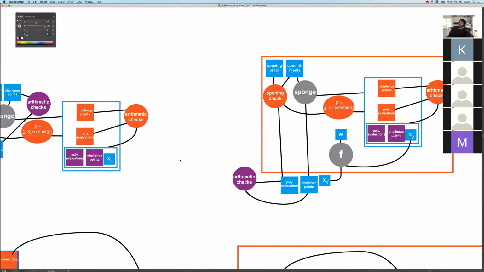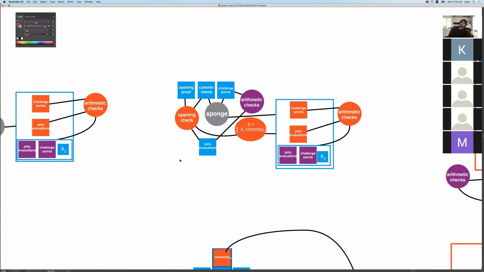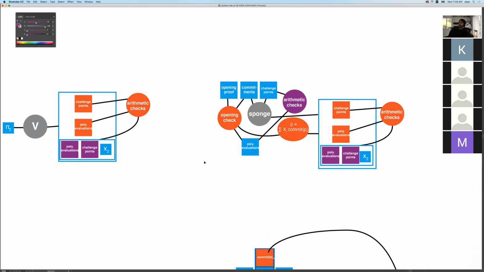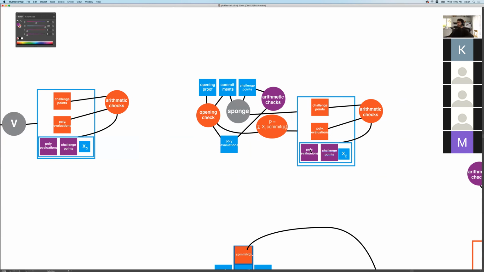But if you think about it, it's not the worst thing in the world. It requires one fixed-base scalar multiplication per public input. Does Halo do this? I have no idea. I think so.